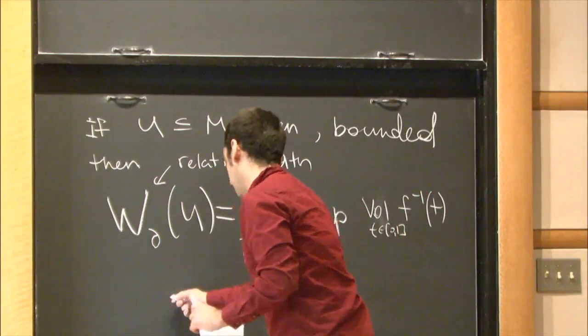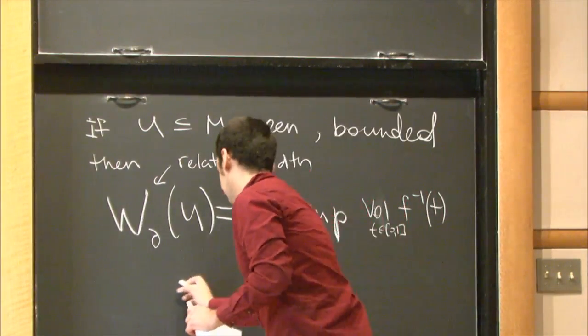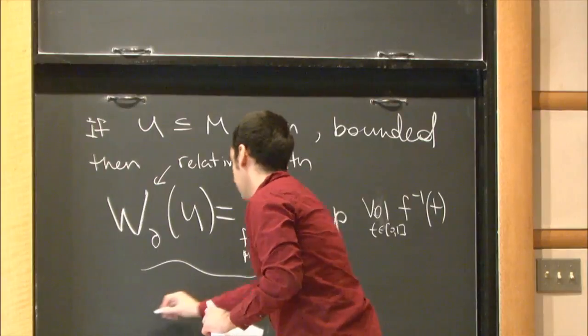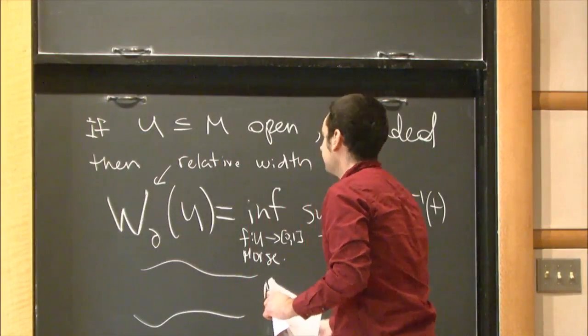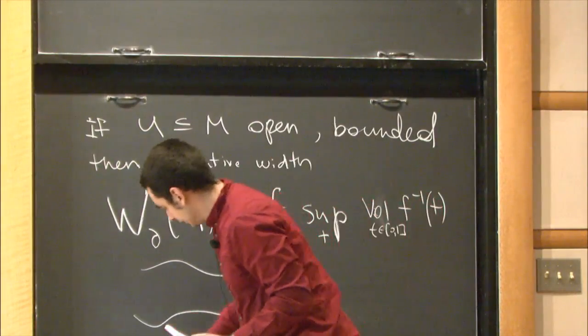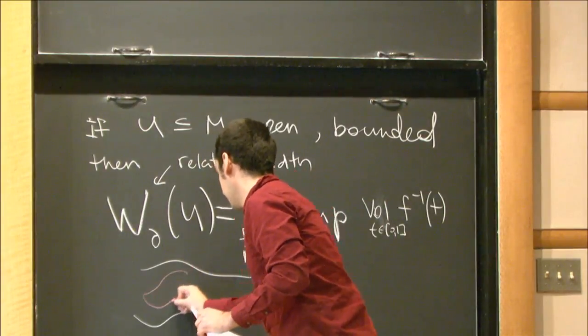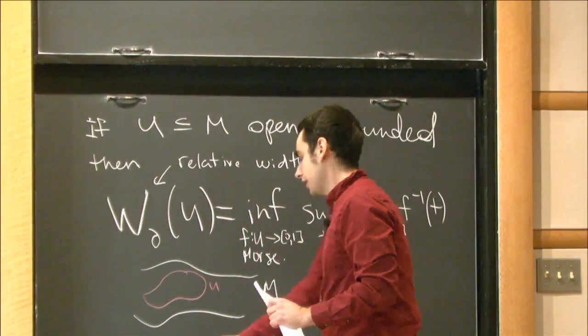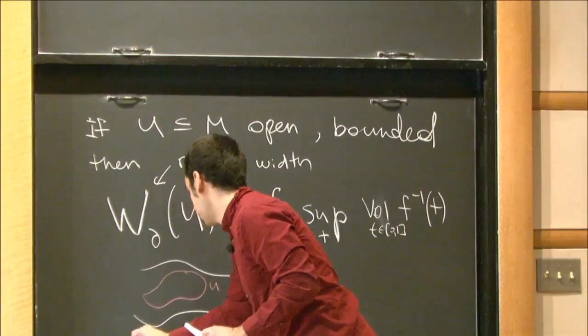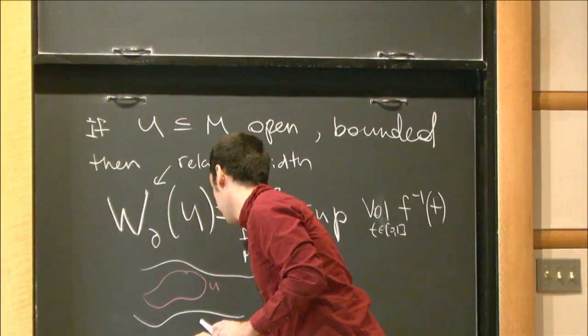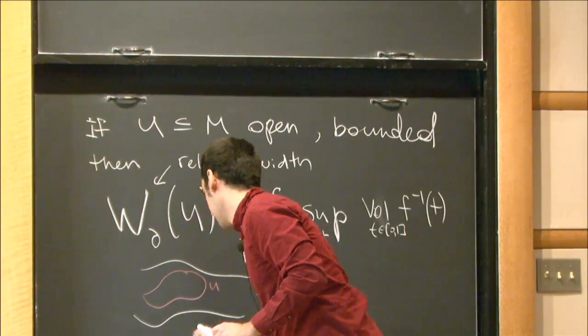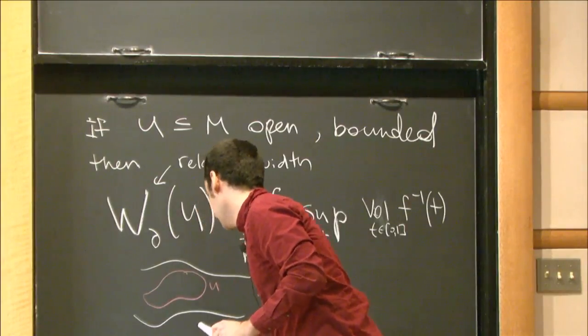So the picture is like that. This is your manifold M, you select some subset U, and then you consider functions from U into [0,1].